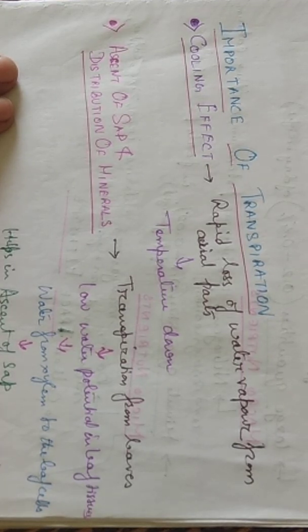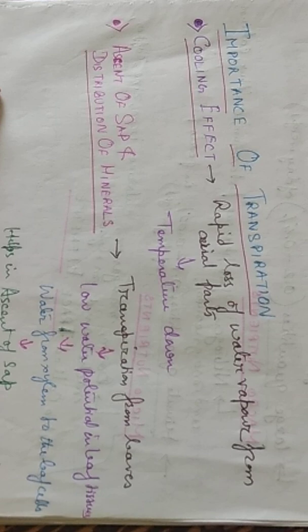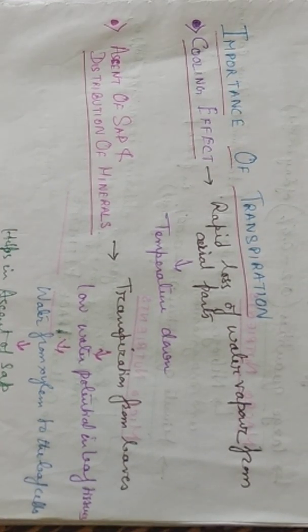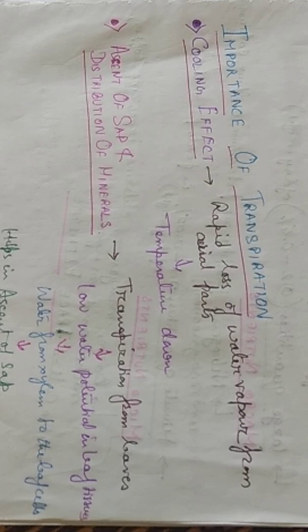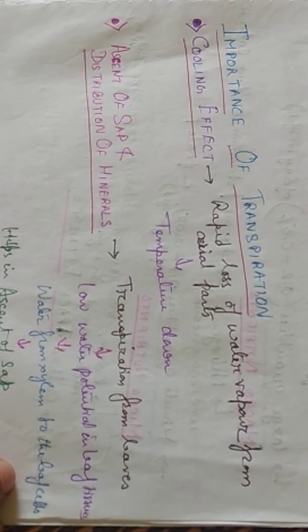It creates a pull, which pulls the sap upwards due to transpiration pull, and the minerals also move along with the water molecules. So with more transpiration, there is more ascent of sap, and more water molecules and minerals move from the stem into the leaves. These are the importance of transpiration.